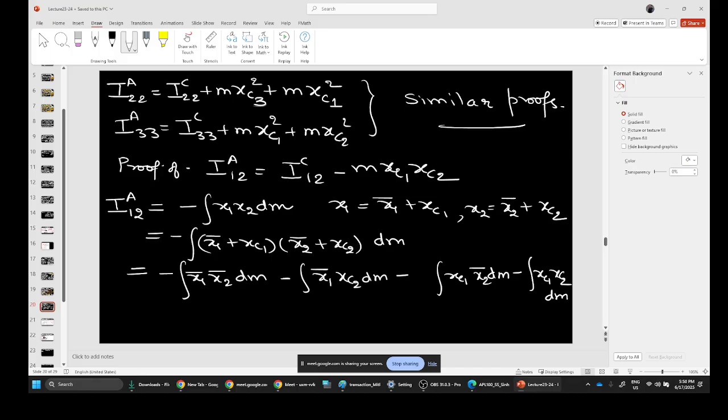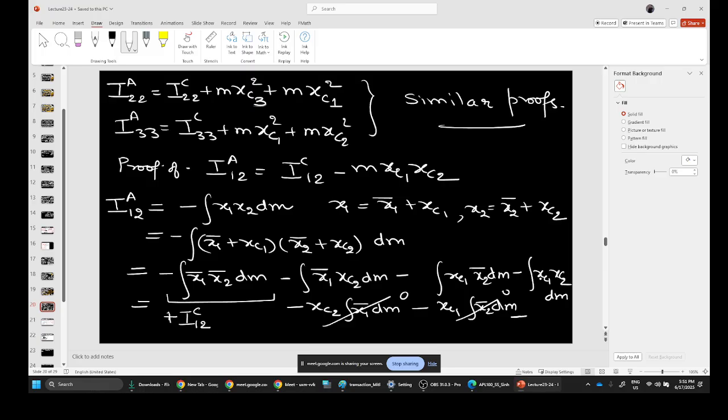The first term is m xc1 xc2. We recognize that this term is indeed IC12 by definition. Fate of the second term: xc2 taken as a common factor, x1 dm, which will now become 0. xc1 taken as a common factor, x2 dm will now become 0.